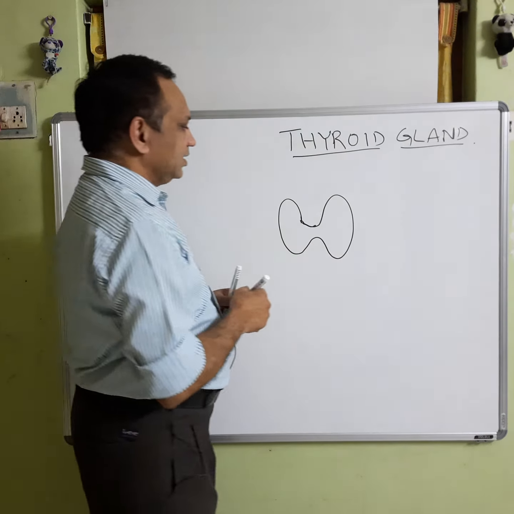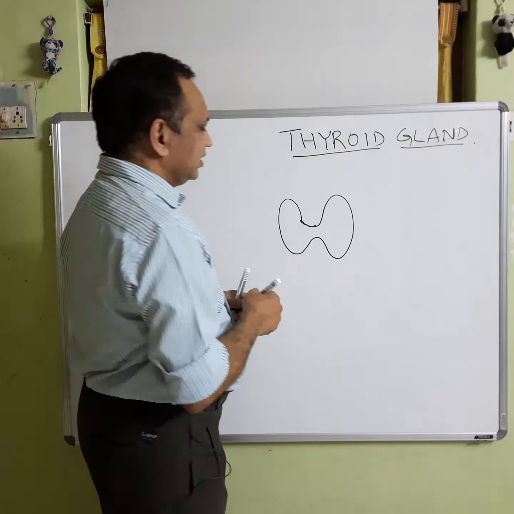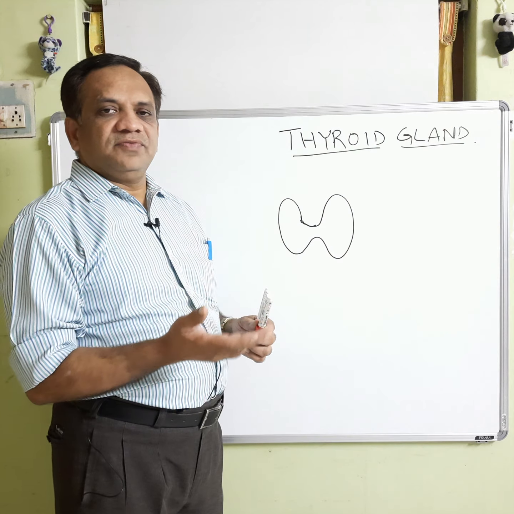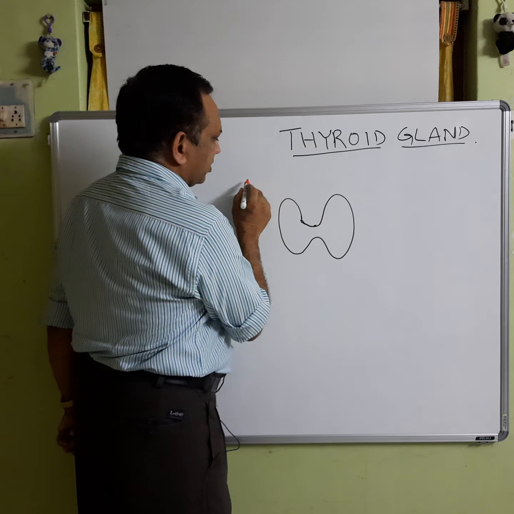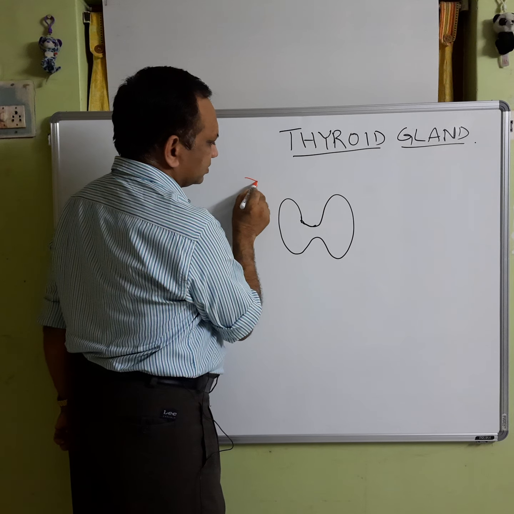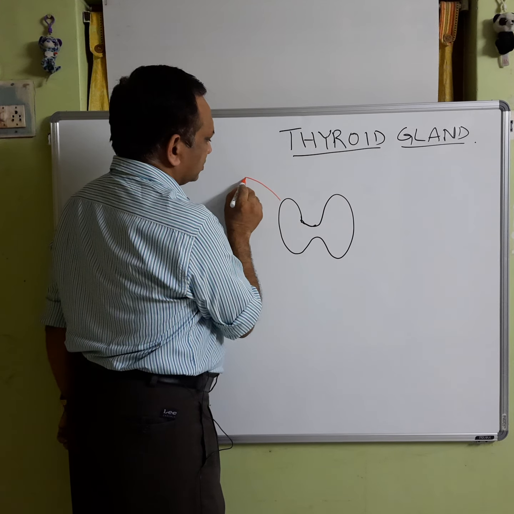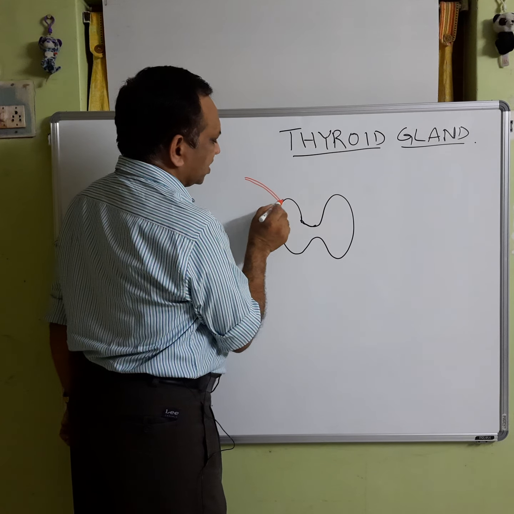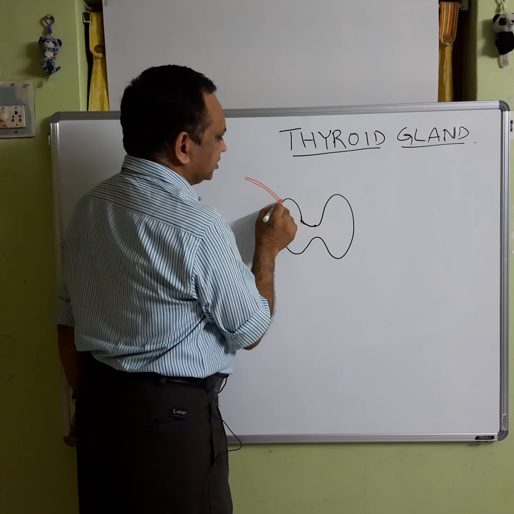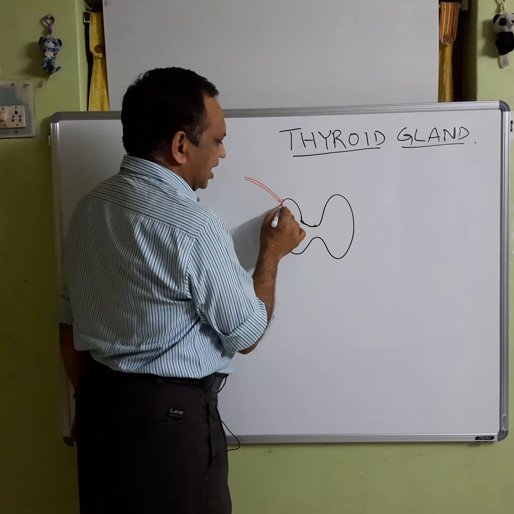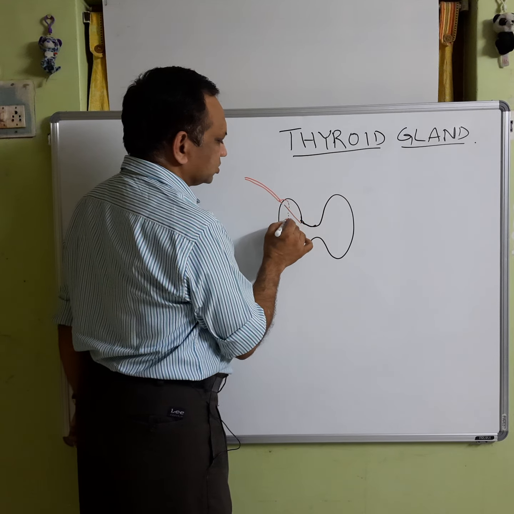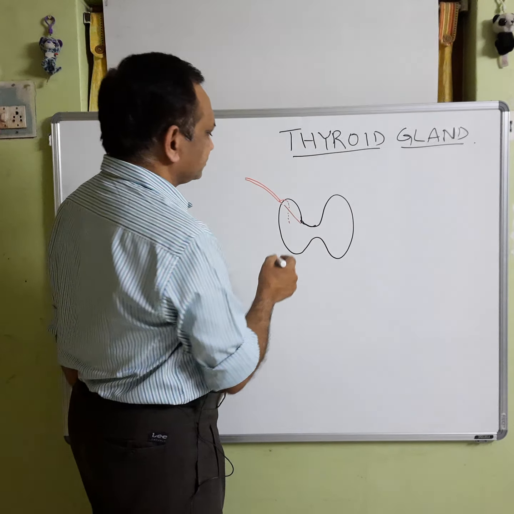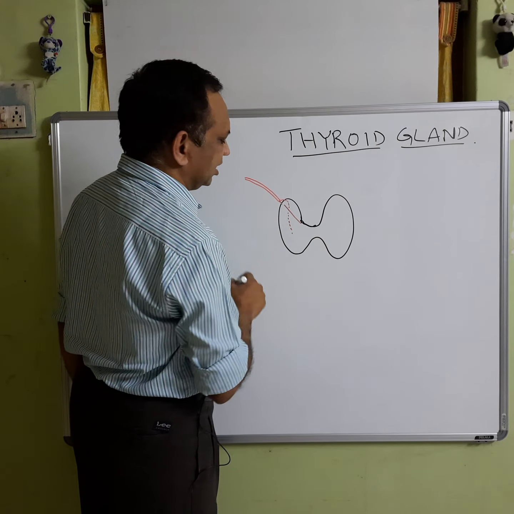The blood supply is by means of the superior thyroid artery, which is a direct branch of external carotid artery. It comes from above like this, and from here it divides into two branches, one anterior branch and one posterior branch, which goes on the other side of the gland along the posterior border.